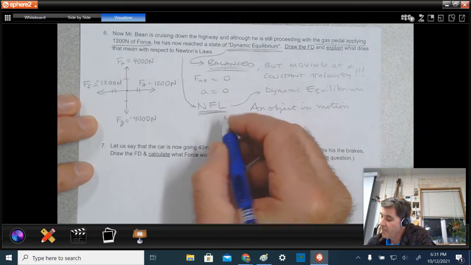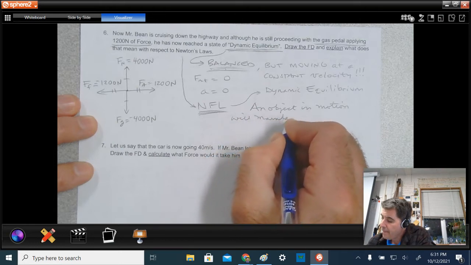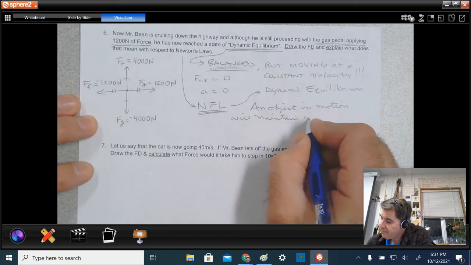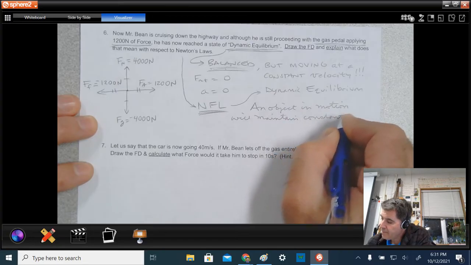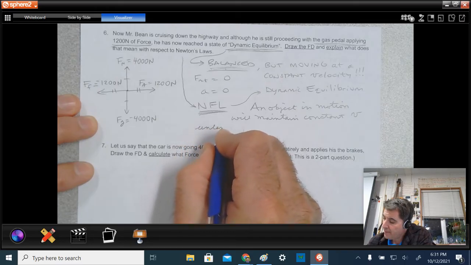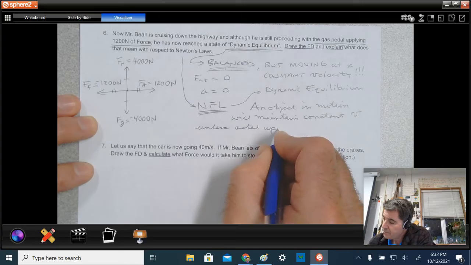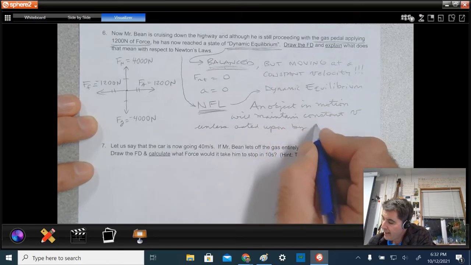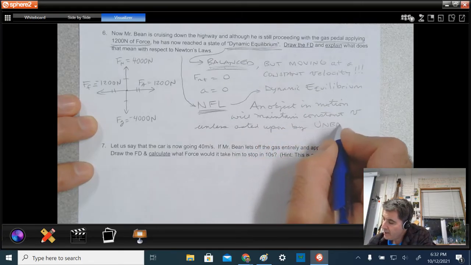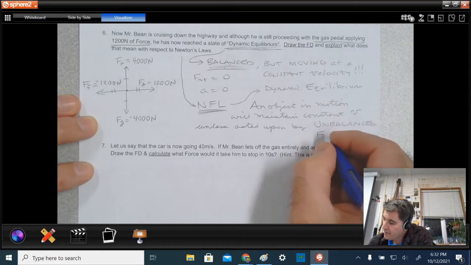An object in motion will maintain constant velocity unless acted upon by unbalanced forces.